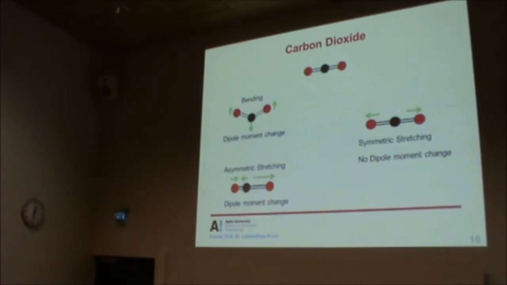Now take the symmetrical stretching, where the two oxygen atoms move away from carbon equally. The two dipole moments created cancel each other, even though the dipole moment value for each of these bonds is higher than here, but they cancel anyway.